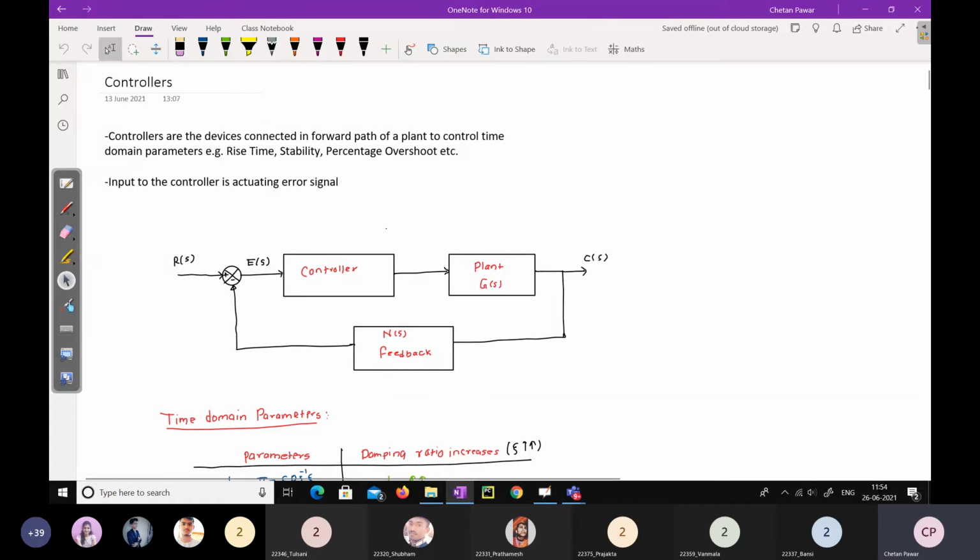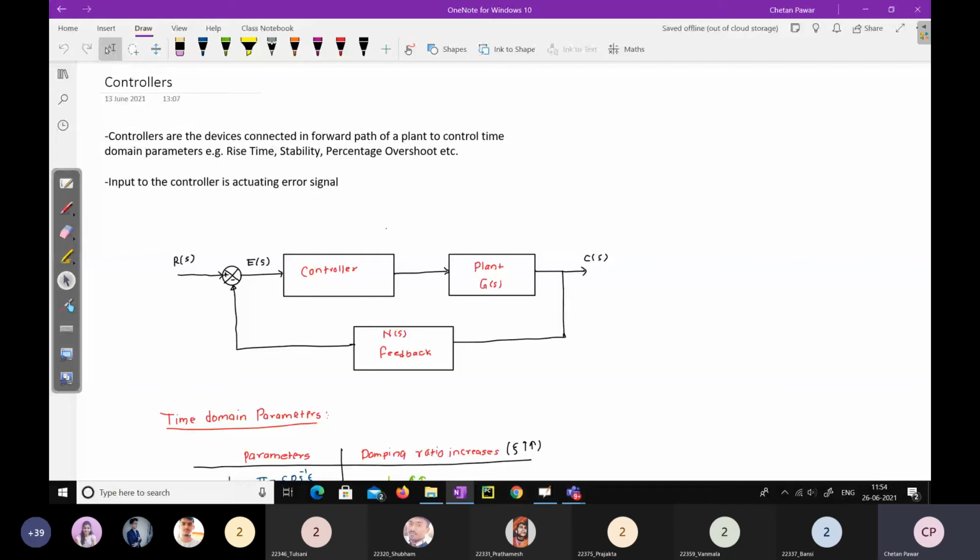So the last unit is related to the controller. Okay. So up to unit 5, we have just analyzed the system. We have done the time domain analysis. We have done the frequency domain analysis. Then we have done the state space analysis for those systems which are non-linear systems, right? So we have completed the analysis part up to this unit.